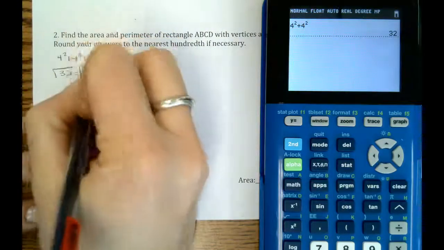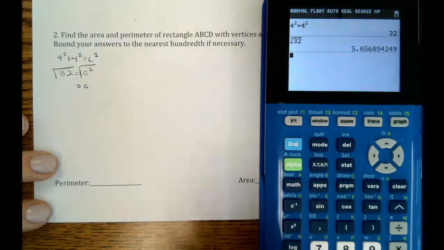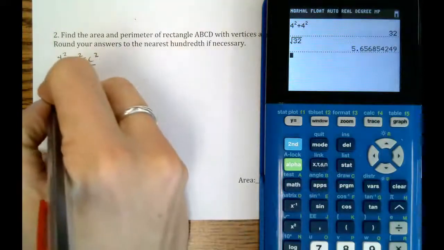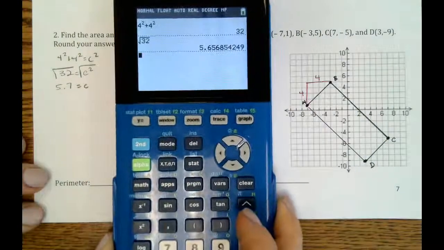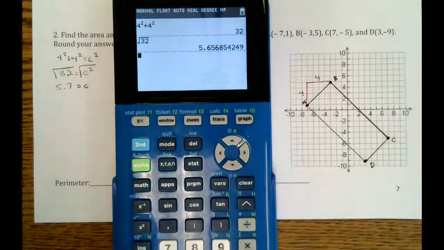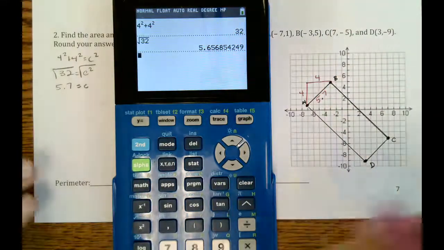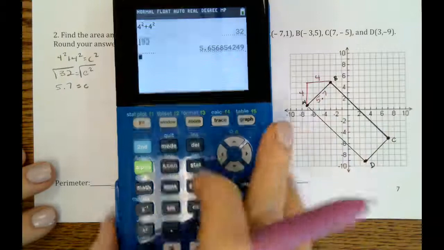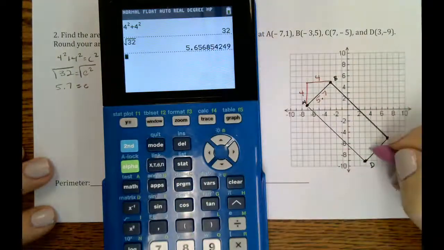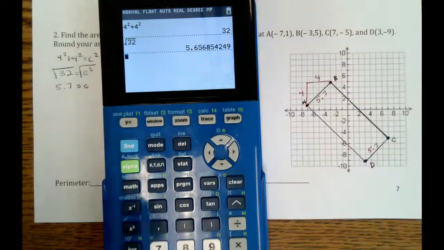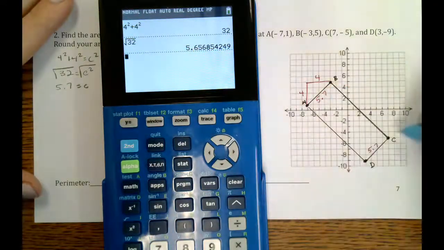And then we can take our square root of 32. So we'll round that to 5.7. Okay, so again, they tell us that this is a rectangle, so we know that the opposite sides are congruent. So our other short side will be 5.7, and now we just need to find the longer side.